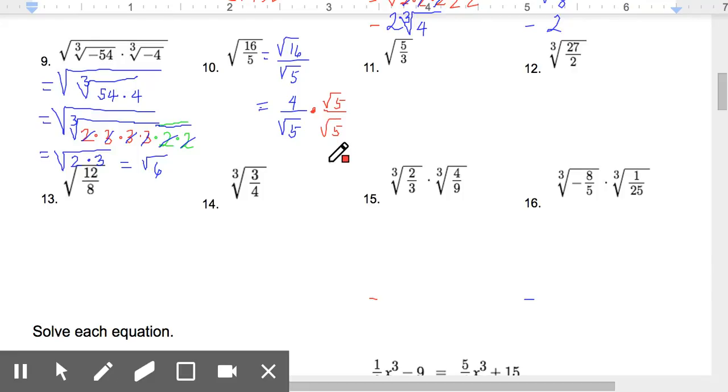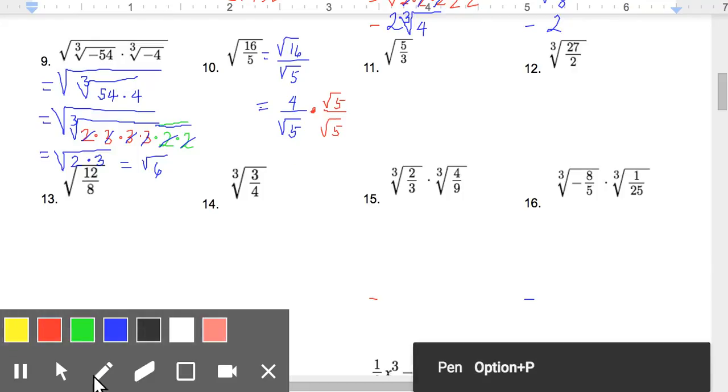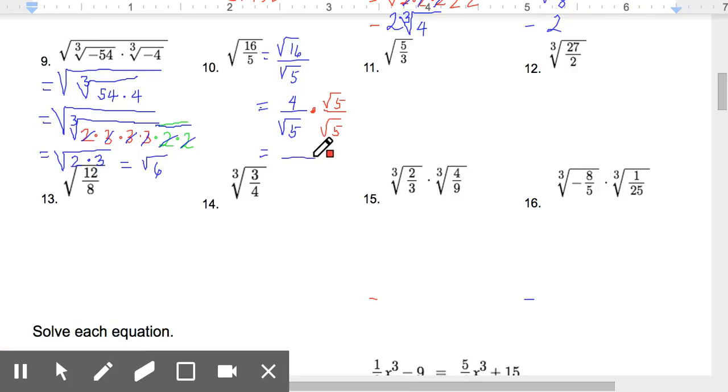This is also 1. And when I do this, I get 4 times the square root of 5, which is 4 square root of 5. And the square root of 5 times the square root of 5 is the square root of 25.